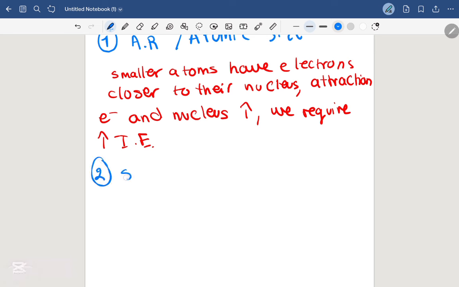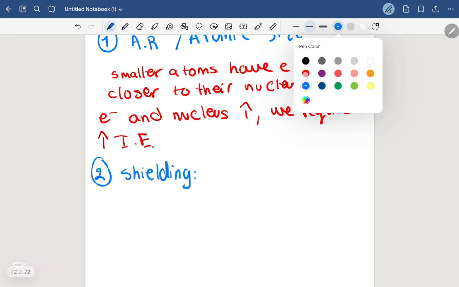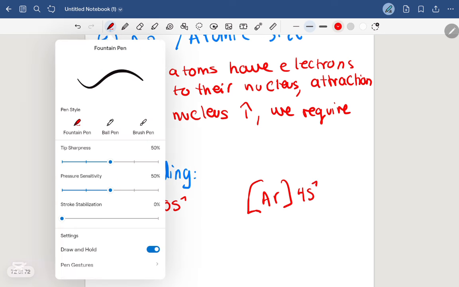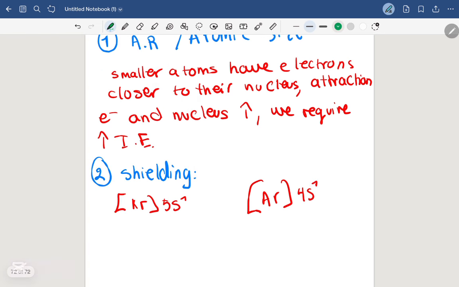Second condition is the shielding. Let us take a scenario where we have an atom that has a large shielding. For example, krypton, 5s1, and argon, 4s1. Now, definitely in this scenario, Kr has more core electrons than Ar.